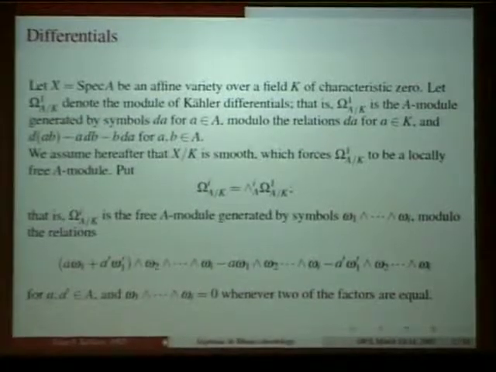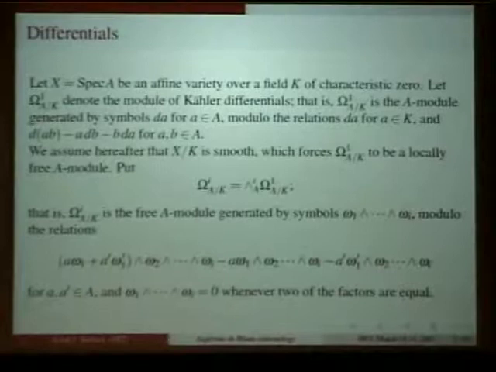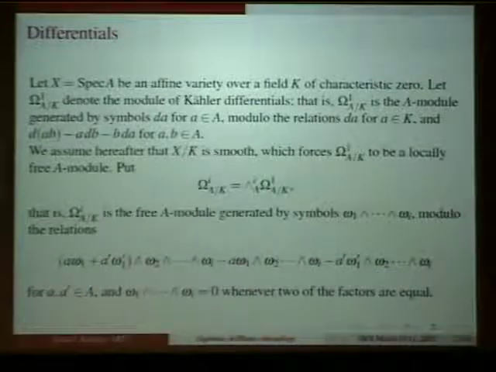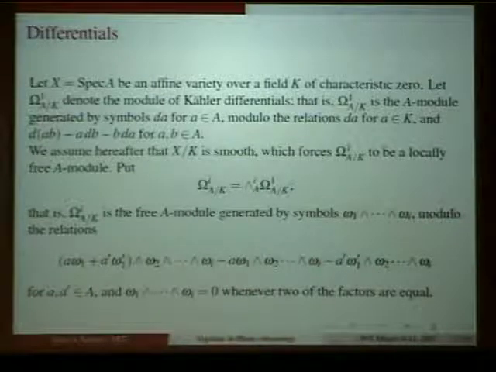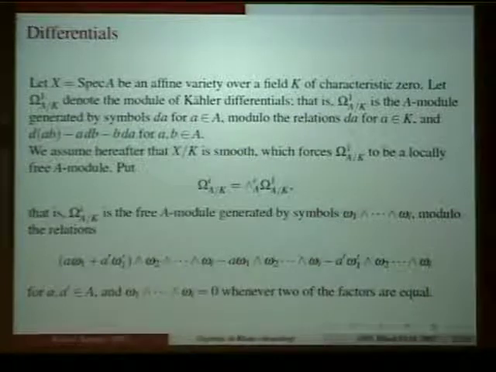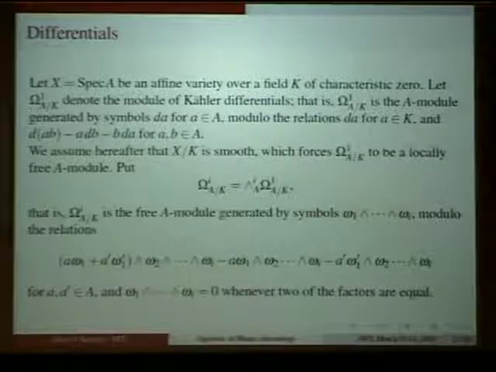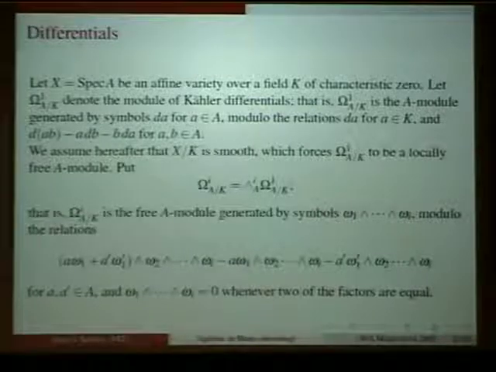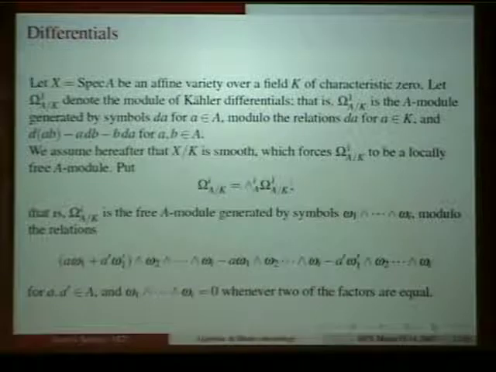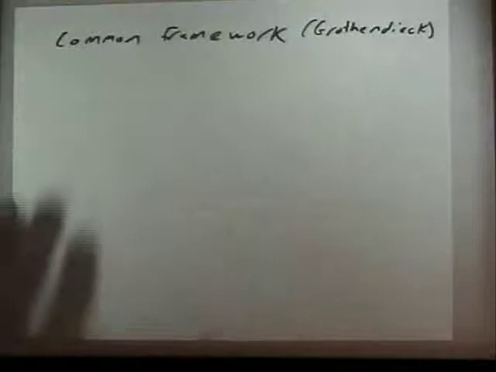And the reason I'm doing this, even though I'm supposed to be speaking on p-adic geometry, is that there's this common framework provided by, how legible is that? Could be better. Which comes from some ideas of Grothendieck about how to express holomorphic de Rham cohomology.